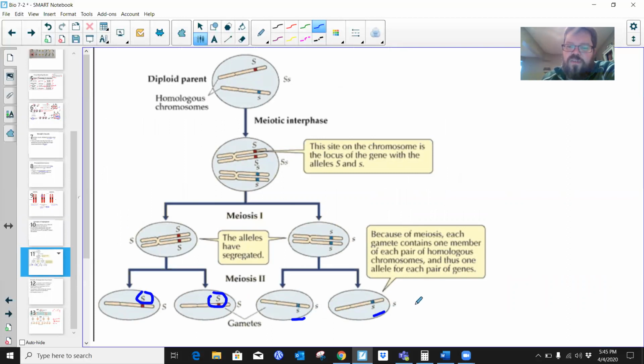Sometimes this process can get messed up, and it can result in sex cells that carry one too many chromosomes or even not enough chromosomes. So that's a story to be talked about later.